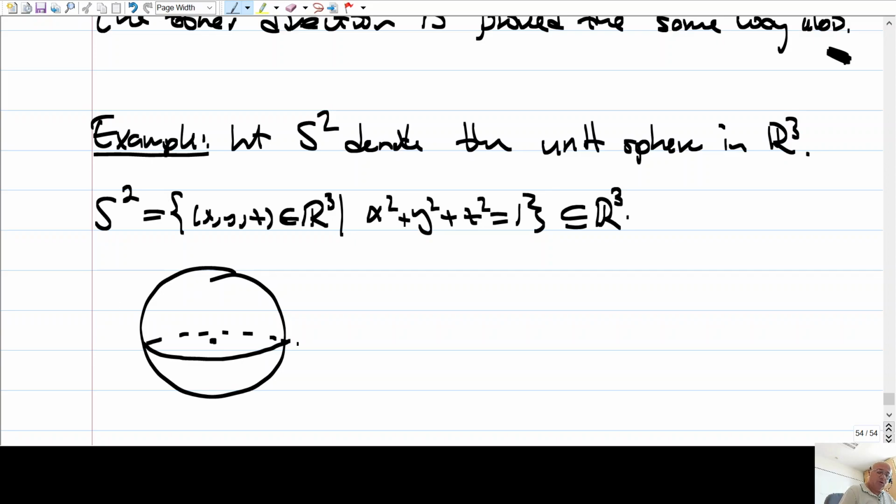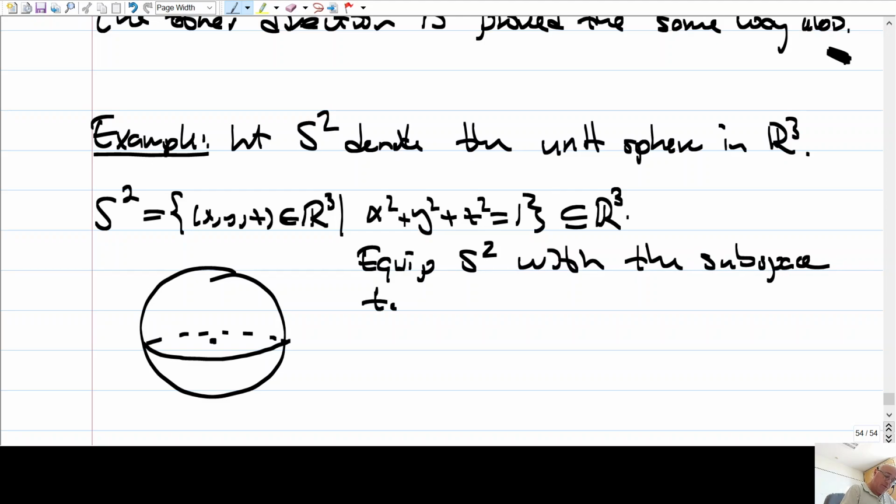Okay, so take S2 with the subspace topology inherited from R3.